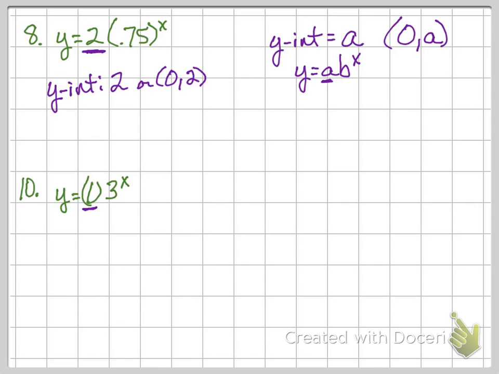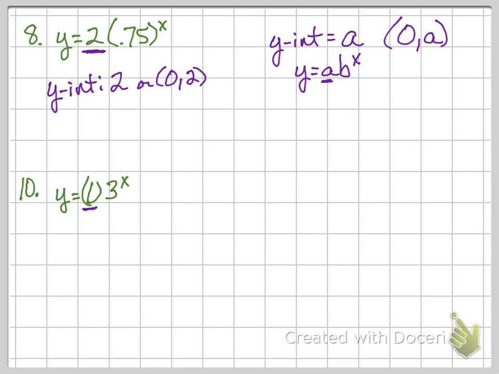Number 10. Originally our equation was just y equals 3 to the x, right? It didn't have a 1 in there. But we know that when we don't have anything in front of a number, then it's just 1, right? So all we had was y equals 3 to the x.